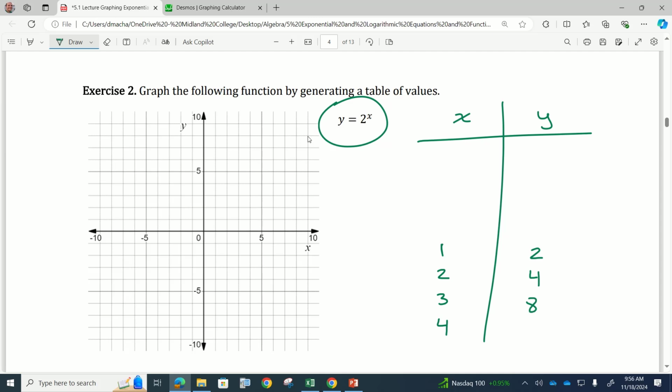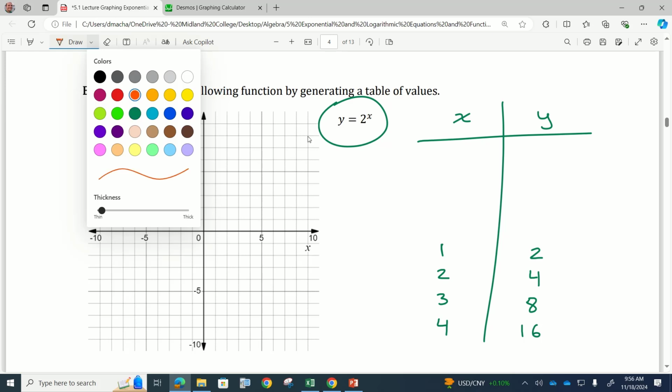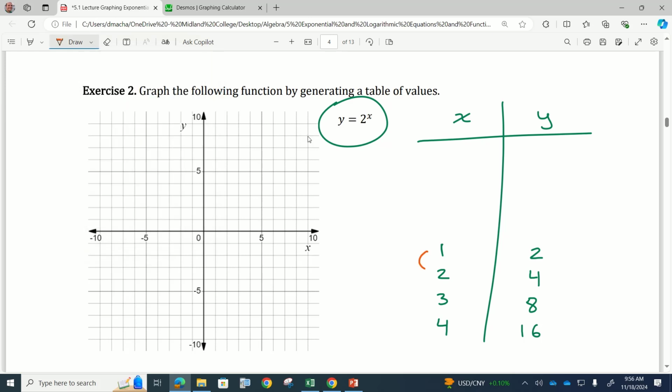And if x is 4? Y would be 16. 2 to the 4th power is 16. So, we notice the pattern is every time I add 1 to my x value, my y value is multiplied by 2.